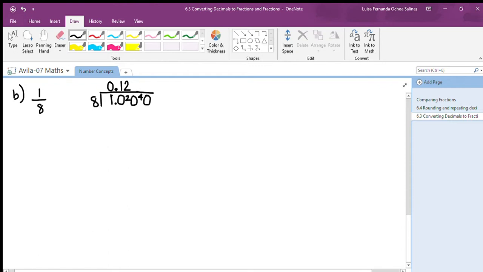And then I ask how many times 8 goes into 40. It goes 5 times. Exactly 5 times, so I don't have any more remainders. So I have finished. Therefore, 1/8 can be written as this decimal.